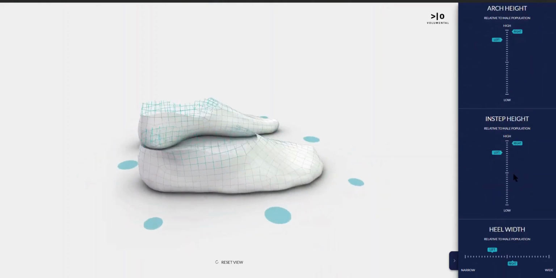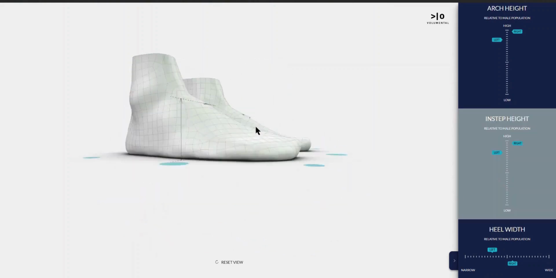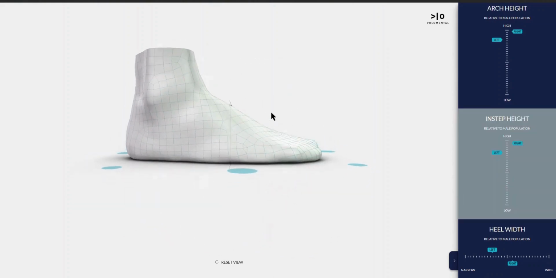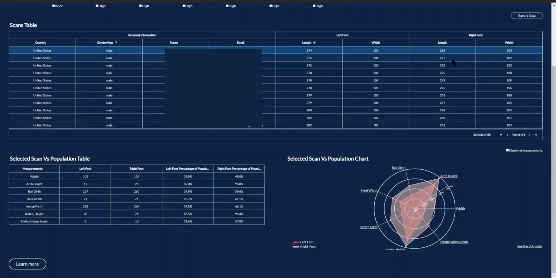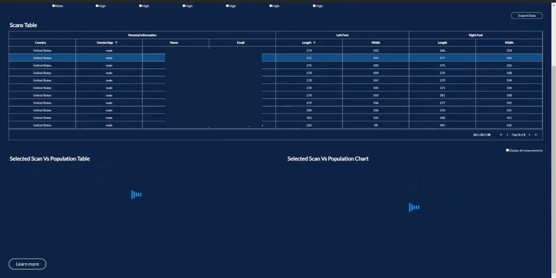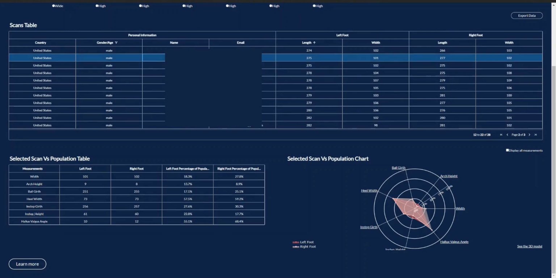And if we look at the instep height, we can see that Mark's feet are really high in the instep. If we move on to Grant's feet, I clicked the row here, and then the table here is updated with the data from Grant's feet.